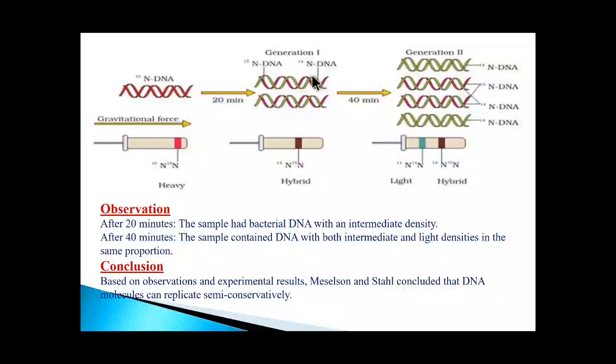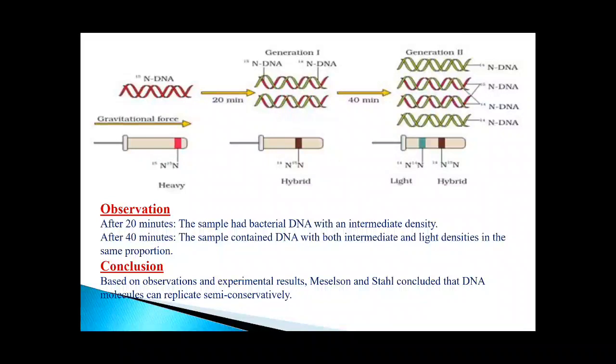First it was seen that after 20 minutes the density of DNA was intermediate between the heavier N15 DNA and the lighter N14 DNA. This was possible only when DNA contained equal amounts of N15 and N14. And this is exactly what happens when each strand acts as a template and uses the new material to make another strand during replication.